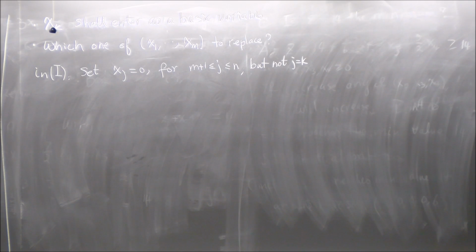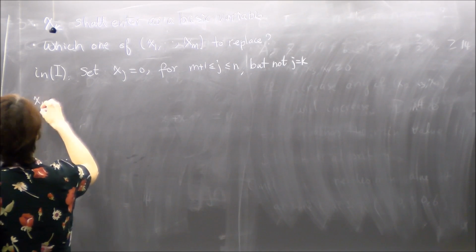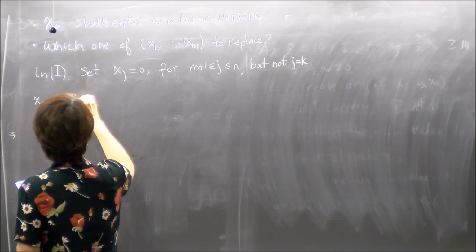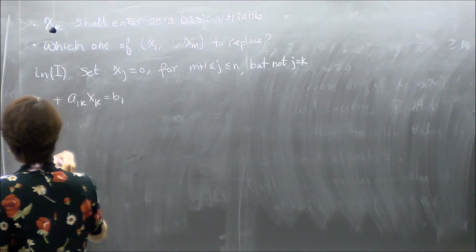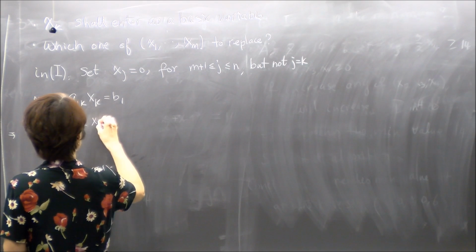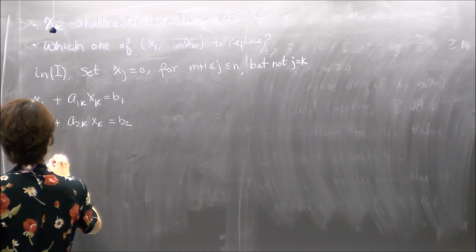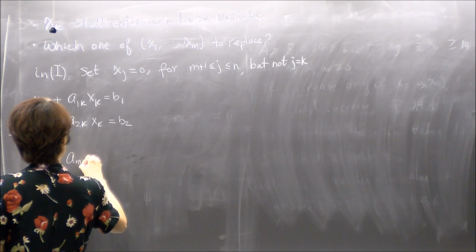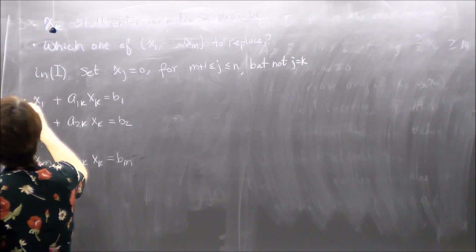For example, I will just have x1 and then the one including xk. Is that right? Each equation just two terms. So let me write this out. We get the following: x1 plus a1k xk equals b1, x2 plus a2k xk is b2, and I have a bunch of them, up to xm plus amk xk equals bm.